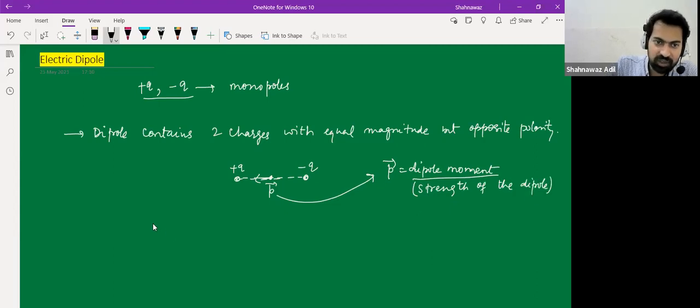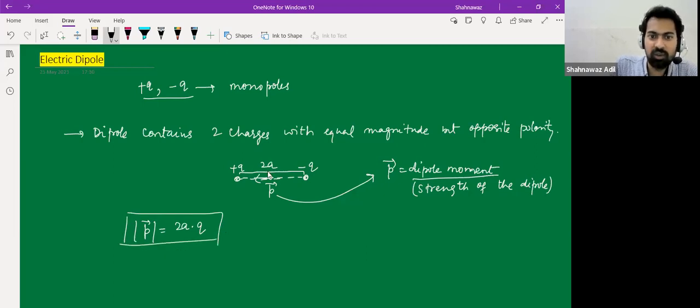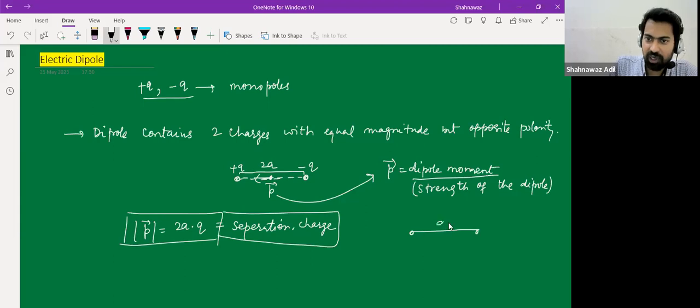And how is it defined? The magnitude of the dipole moment is the separation times the charge. Let's say the separation is 2a and the charges are q, so it would be 2a into q. If the separation was d and the charges are plus q and minus q, what would be the dipole moment magnitude, Aisha?